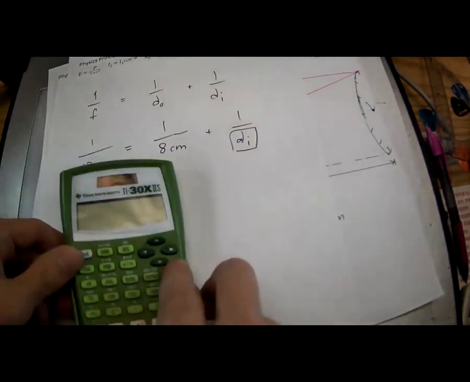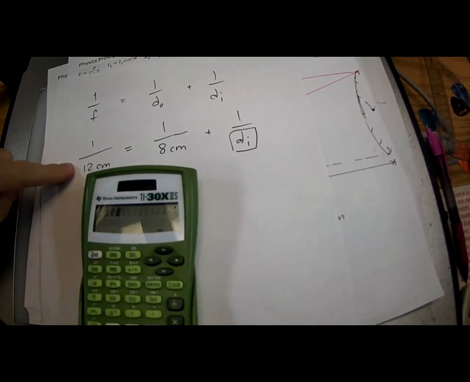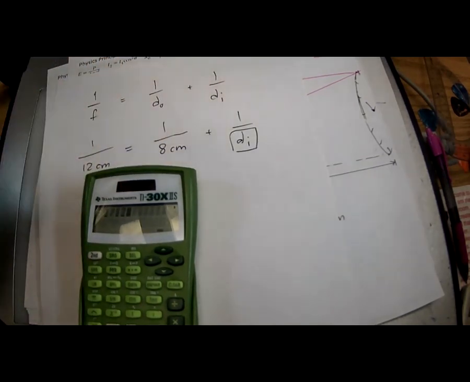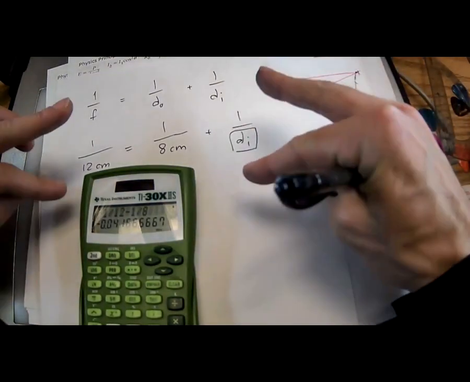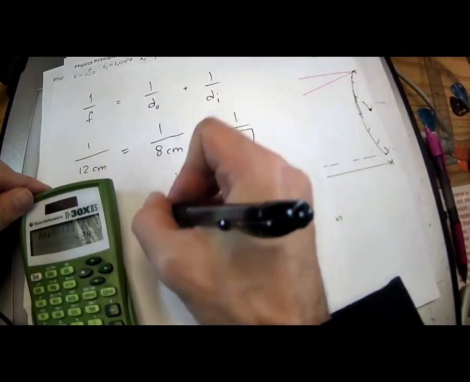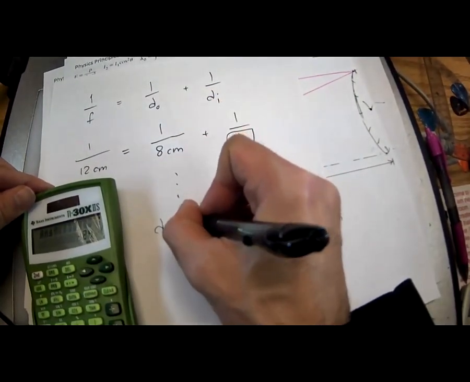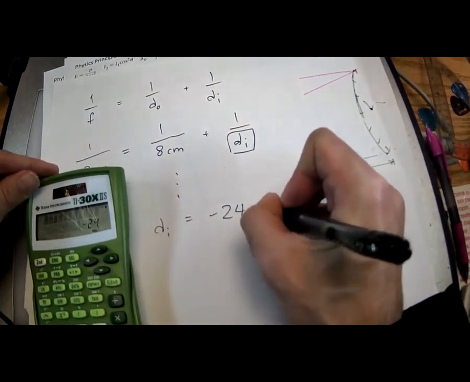Okay, so let's do the algebra steps on the calculator. I'm just going to start with 1 over 12, subtract 1 over 8. Now that's going to be equal to 1 over d_i. So the last algebra step is to take the reciprocal, 1 over that. And that is negative 24 centimeters.